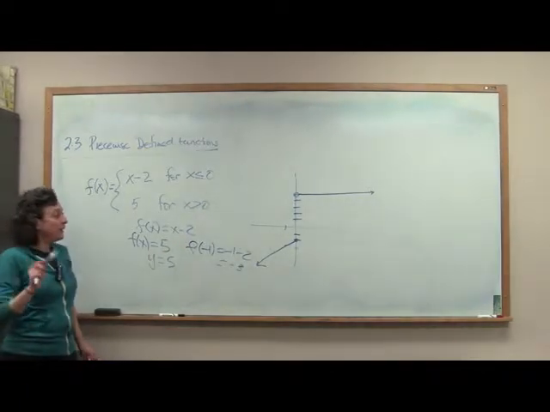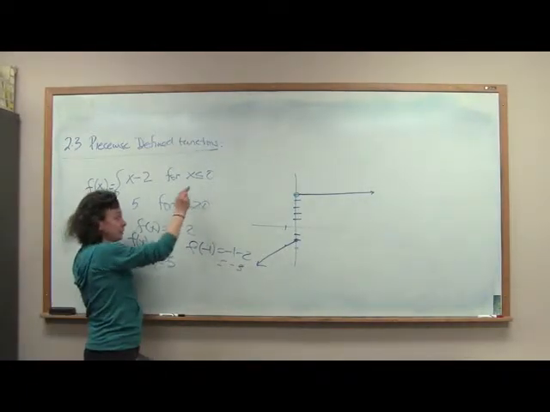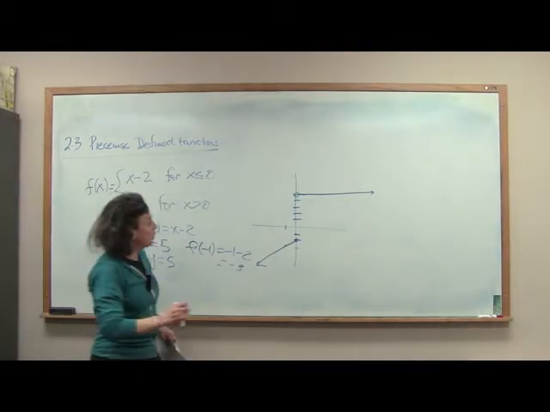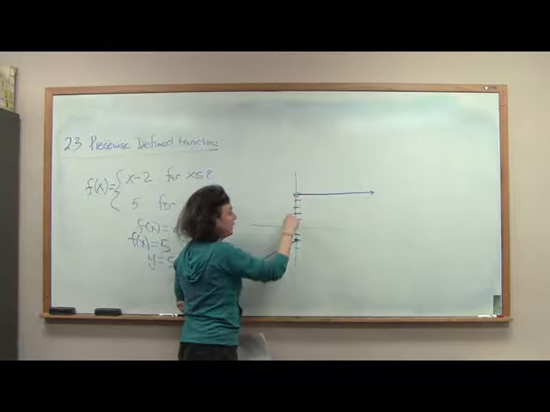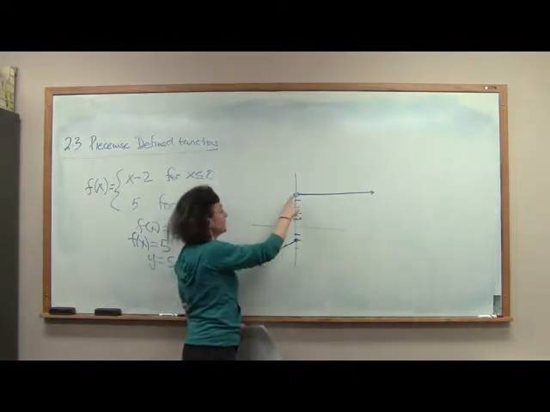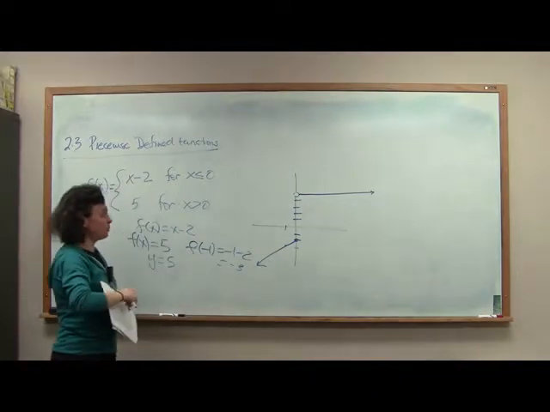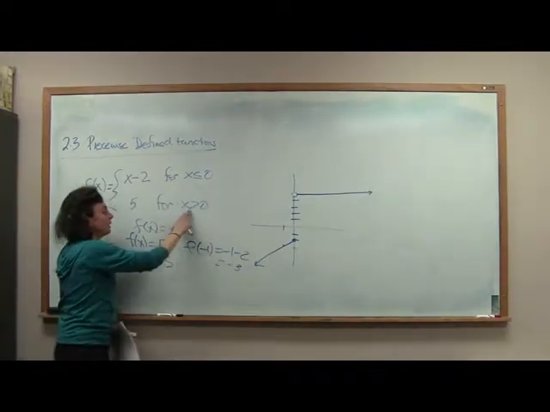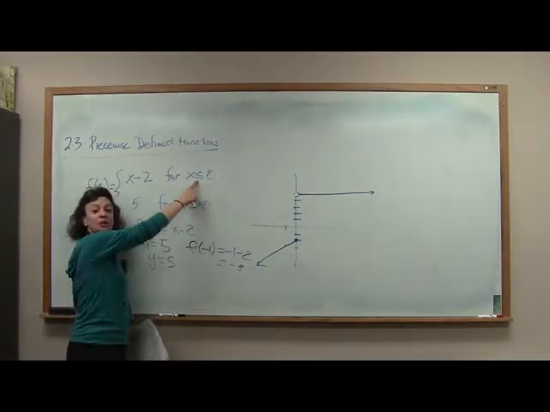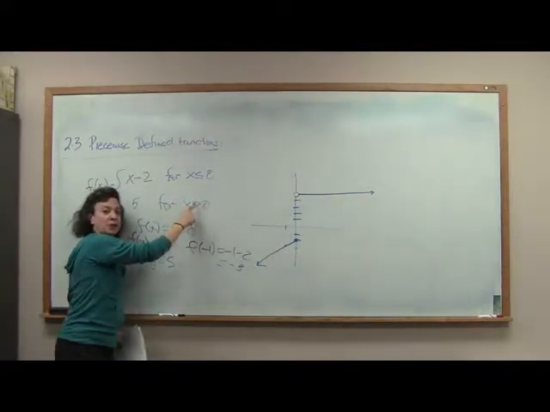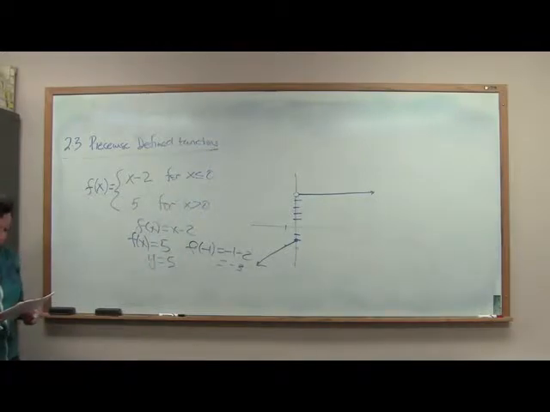I claim if we actually had the equal to in both places, we wouldn't have a function. Notice at 0, it would not pass my vertical line test. So it's really crucial that you remember to put an open circle. Okay, so you color in the circle when there's the equal to, and you have an open circle when it's your strict inequality.